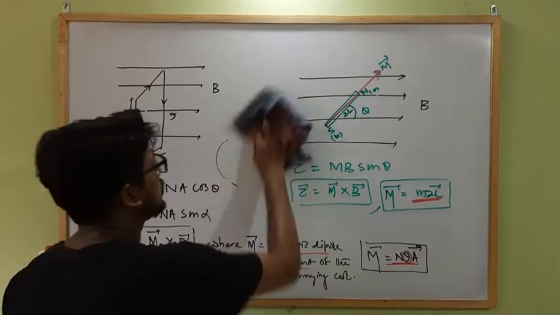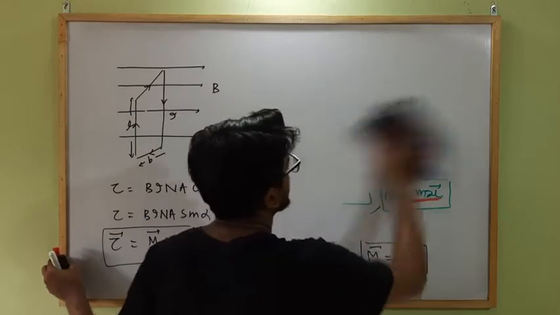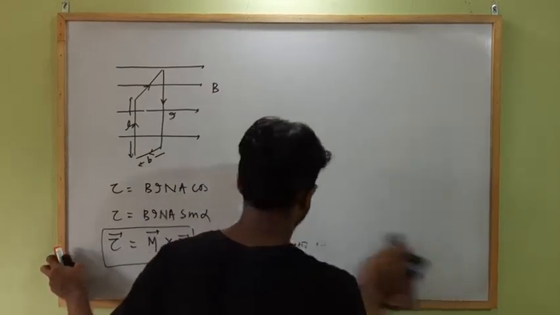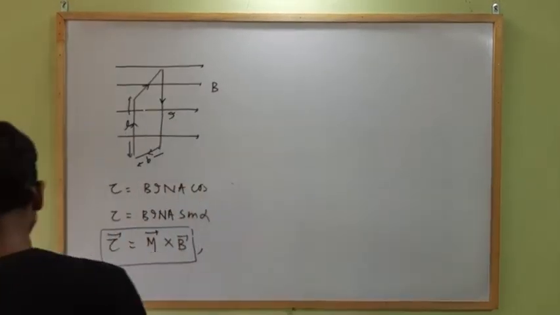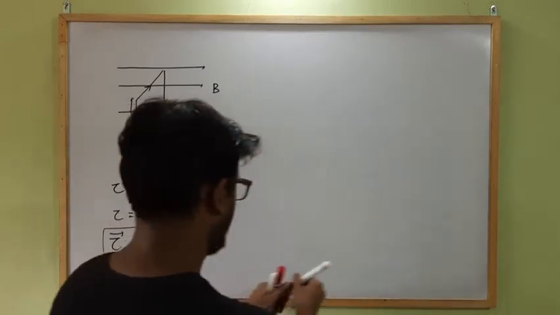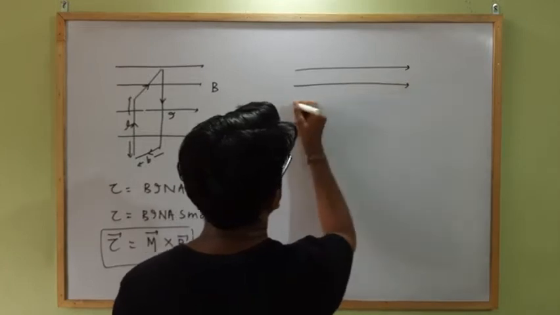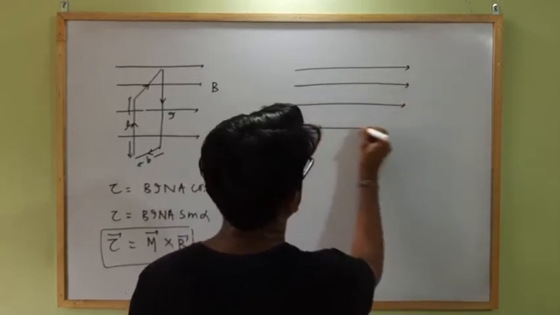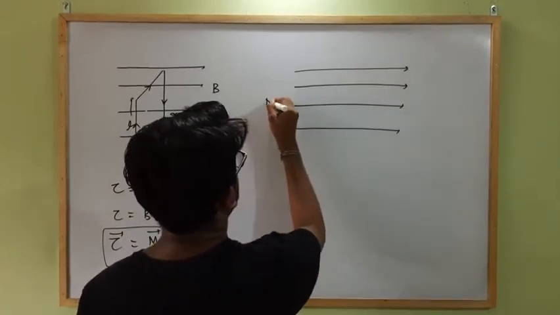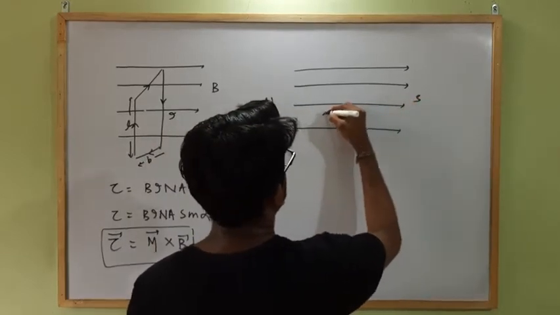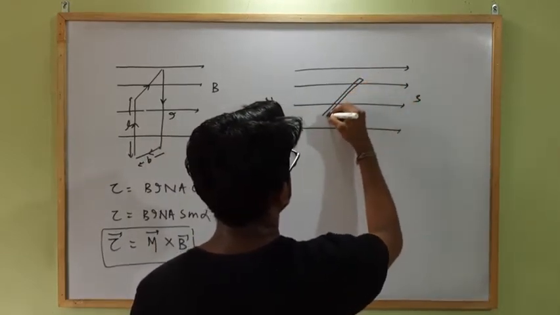So now, as we already studied in case of a bar magnet, in an external magnetic field from north to south, a bar magnet is present here at any position.